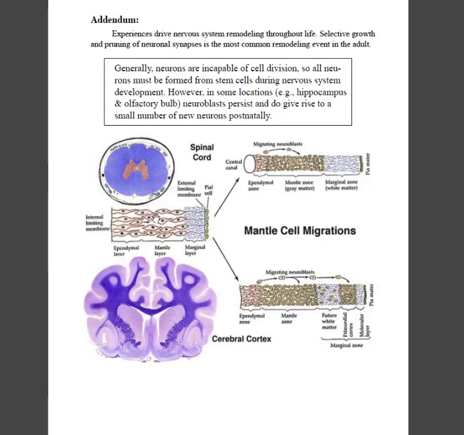So the same basic arrangement of mantle and marginal layer can either form a spinal cord, or it can form two layers of gray matter, an outer cortex via migration and an inner gray matter layer which is adjacent to the canal system, the cavity of the brain in this case.